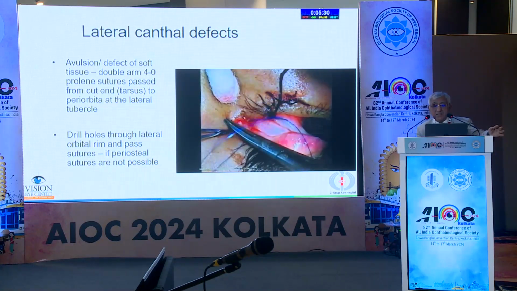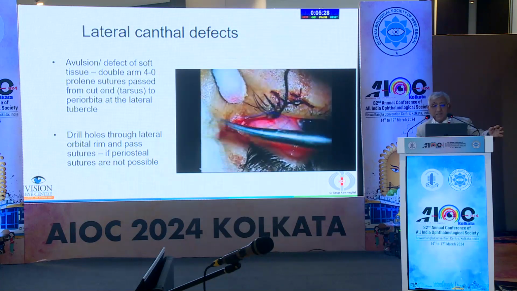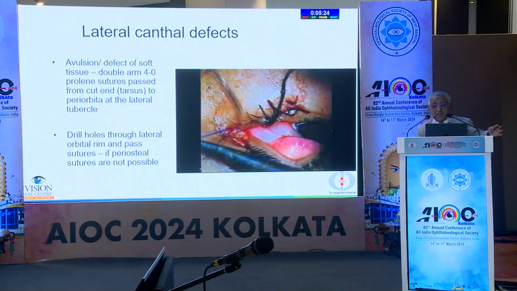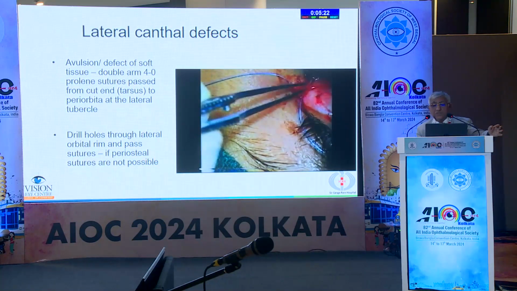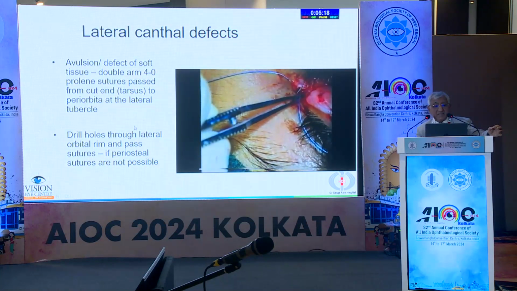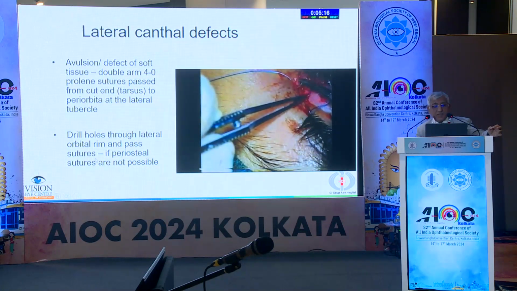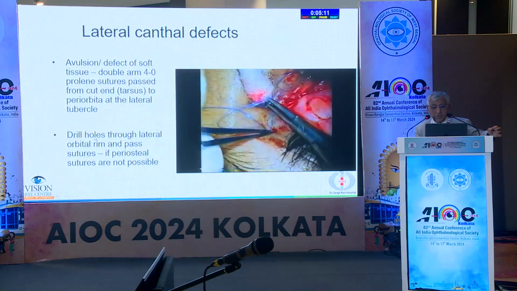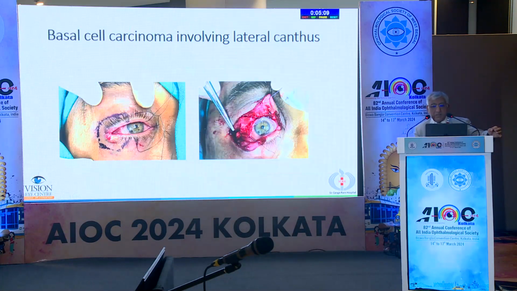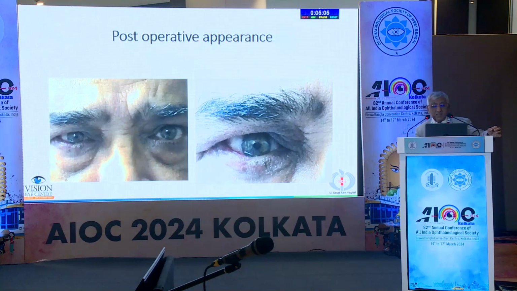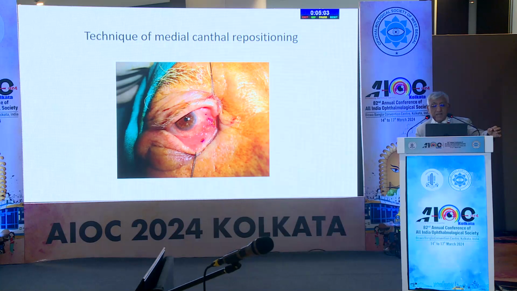But these bites must come from periorbita behind the rim and come out anteriorly, maybe a little higher than the lateral tubercle, and then give a good firm contact so that the lateral canthus is anchored well. Sometimes we use periosteal flaps. Sometimes we even need to use holes through the lateral orbital rim. So an example of a lateral canthal reconstruction with good firm anchorage.